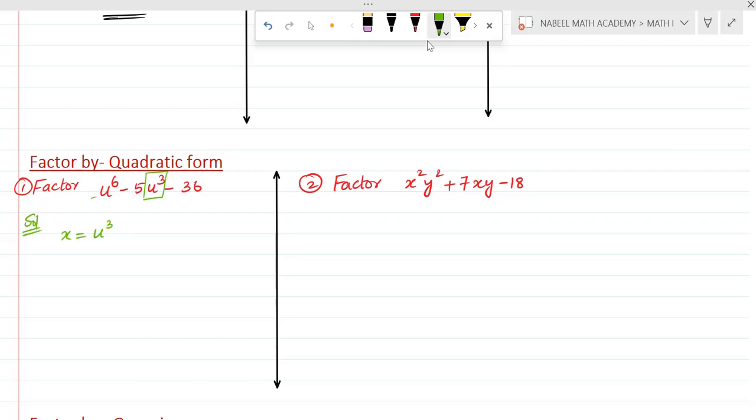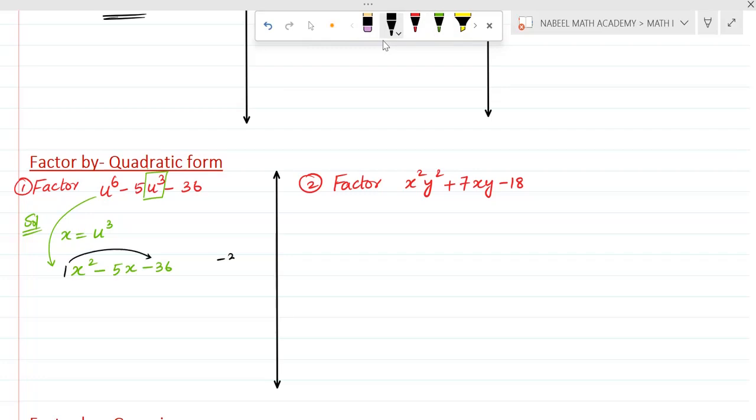So the entire equation I have to convert in terms of x. The first term, u power 6, becomes x square. The next one is 5x and minus 36. So it can be easily factorized by the factoring techniques. How will you factor this part?